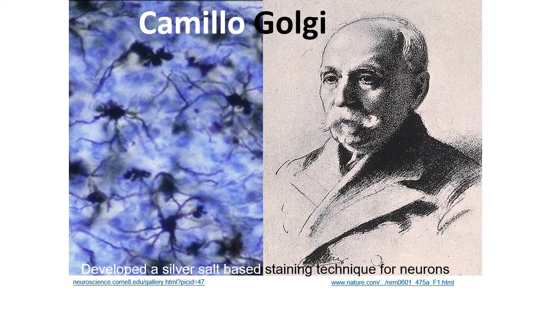Because the probability of taking up this salt was very low, it basically converted a dense tissue into a sparsely labeled tissue, and then it could be imaged under the microscope. So this sparse labeling basically solved the problem of the dense brain structure.